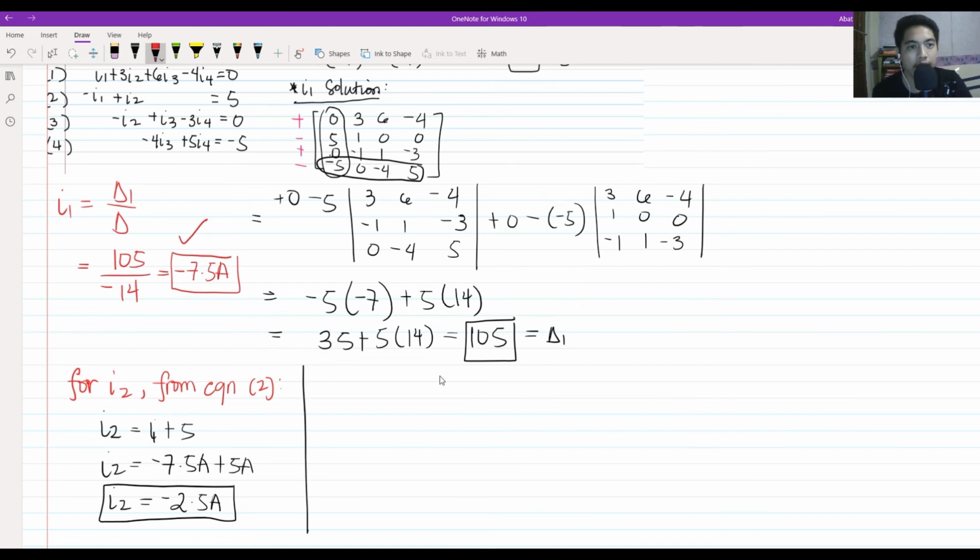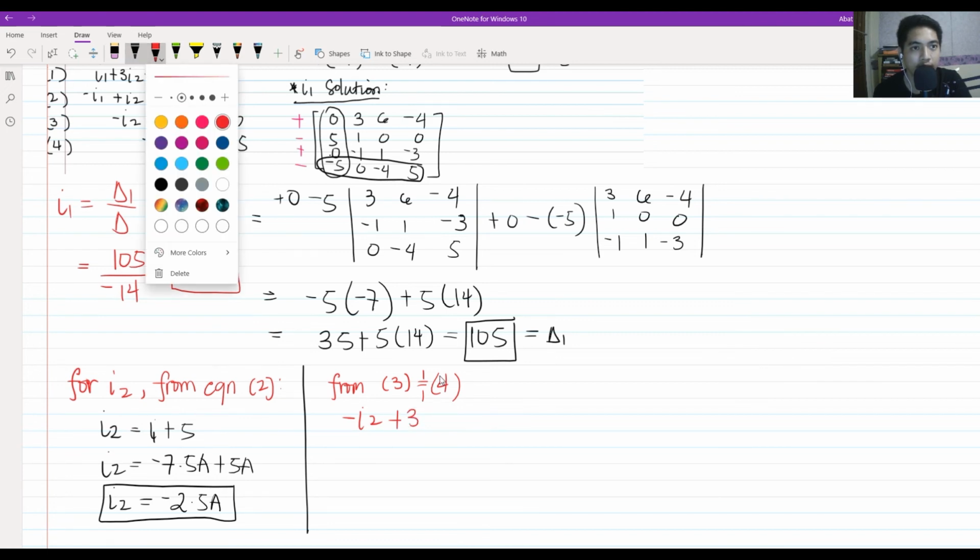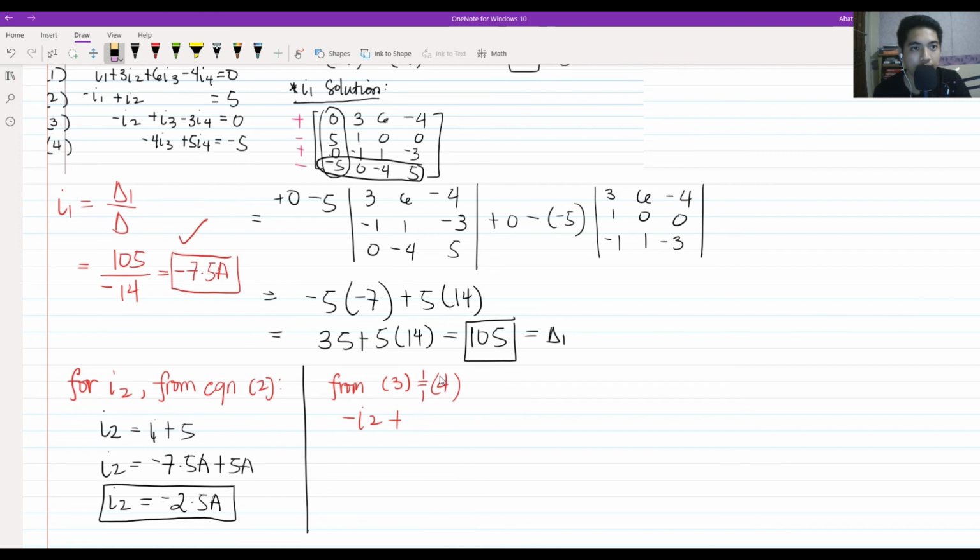So now to calculate the other I sub 3 and I sub 4, we will be using equation 3 and 4. We will substitute the values. So we have negative I sub 2 plus 3 I sub 3, okay, so this is I sub 3, and then we have 3 I sub 4 equals 0.